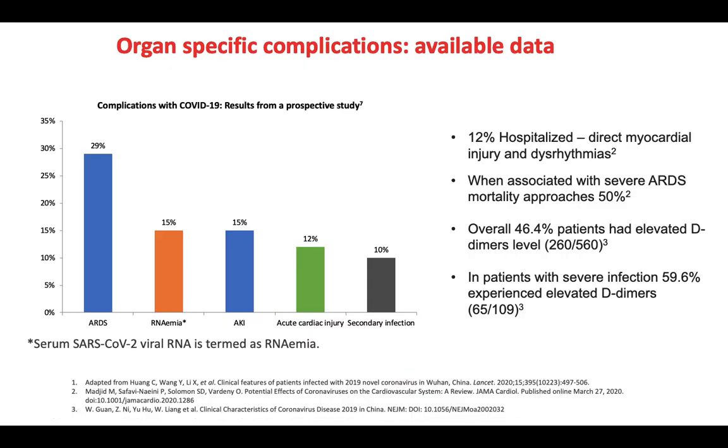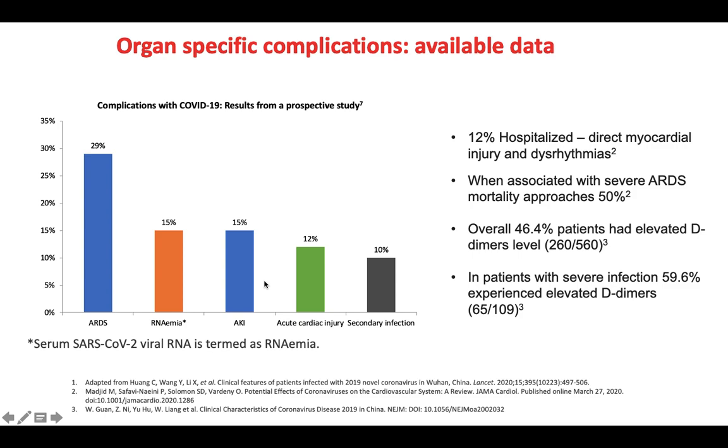If you see the overall data on organ-specific complications, 80% of patients with COVID-19 don't require hospital admission, but among the remaining 20% who required hospitalization, near about 4 to 5% require ICU admission. Among them, near about 30% will have moderate to severe ARDS. 15% will have viremia.